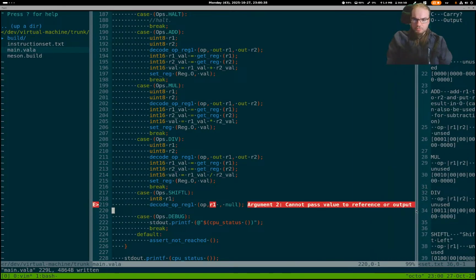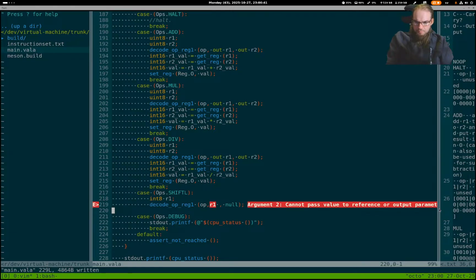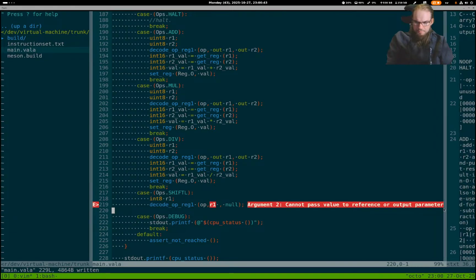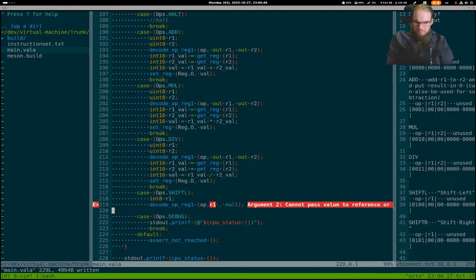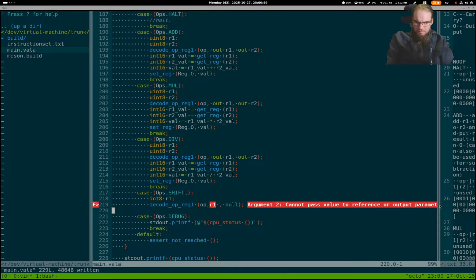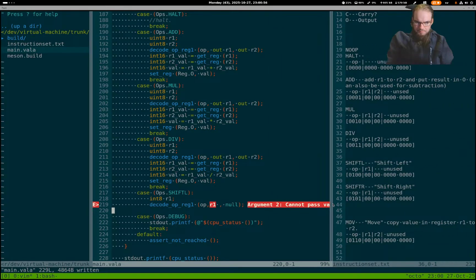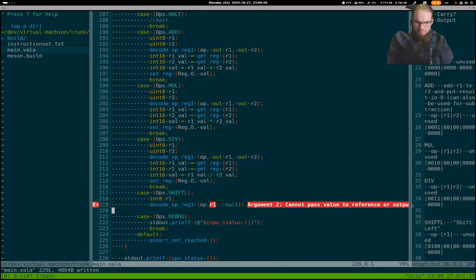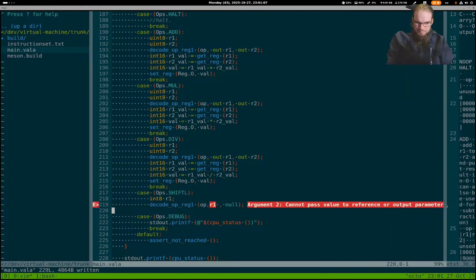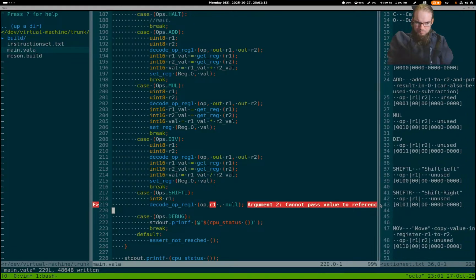Cannot pass value to an output to a reference parameter. Why? Why can't I do that? Just ignore it.